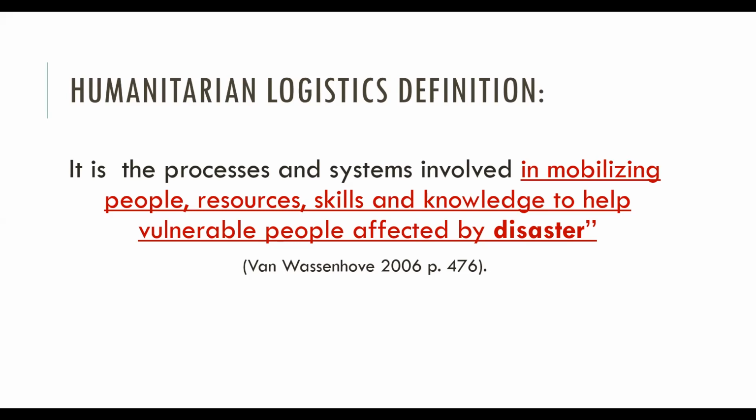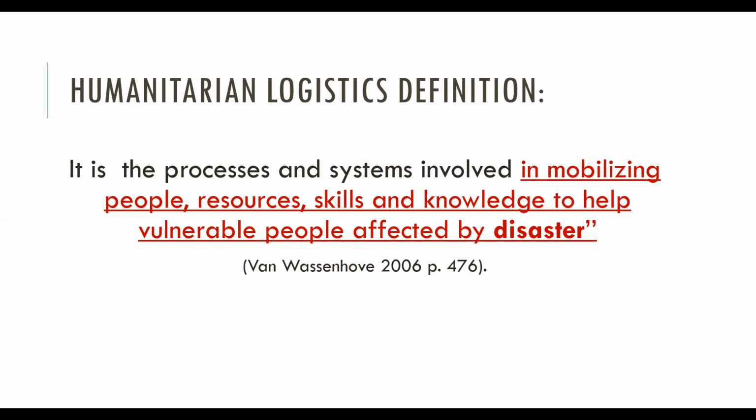As we have seen, one of the main differences is that in humanitarian logistics, the objective is to alleviate suffering from people, to minimize the loss of life, while in commercial logistics, the main target is to increase profitability or to satisfy the customer.